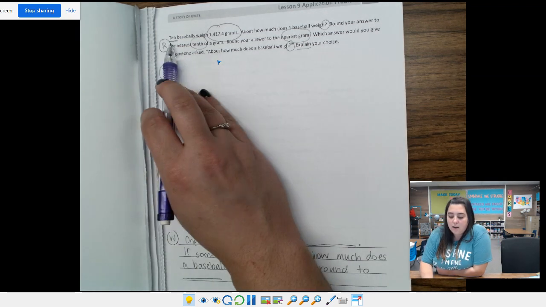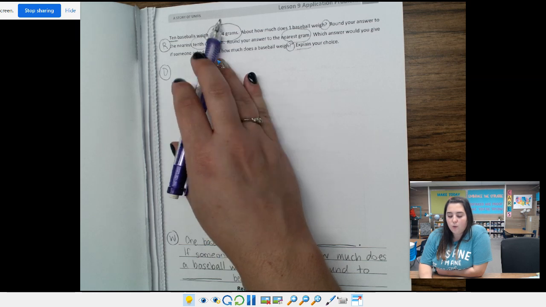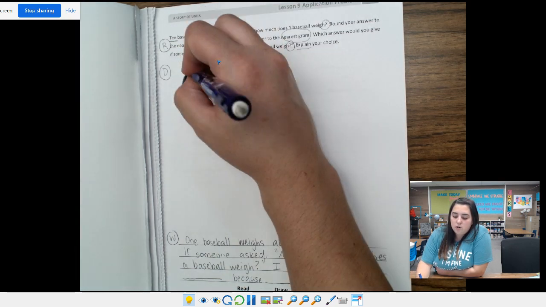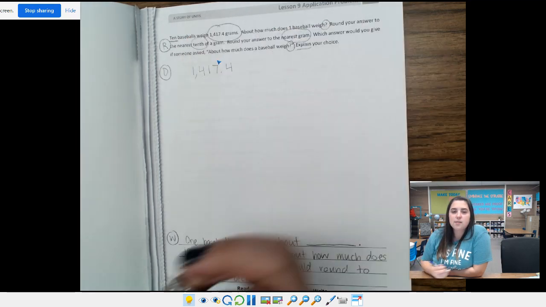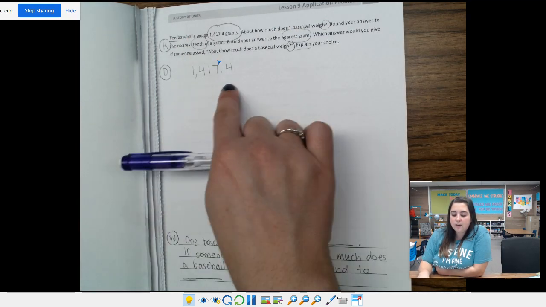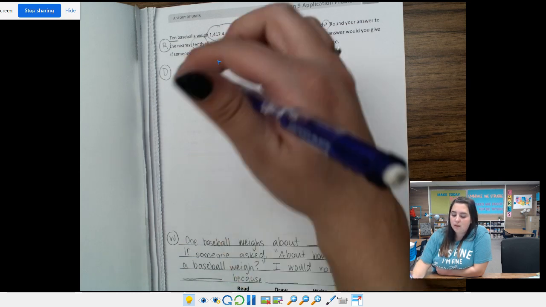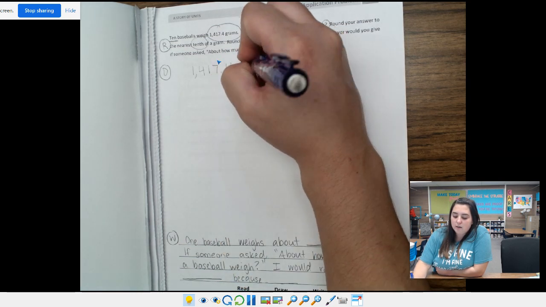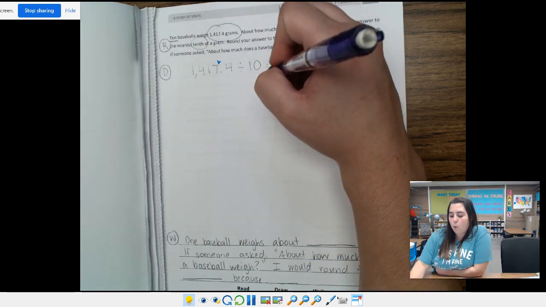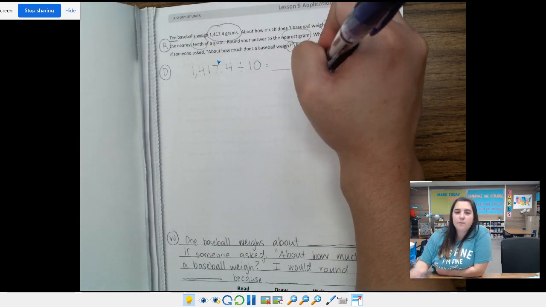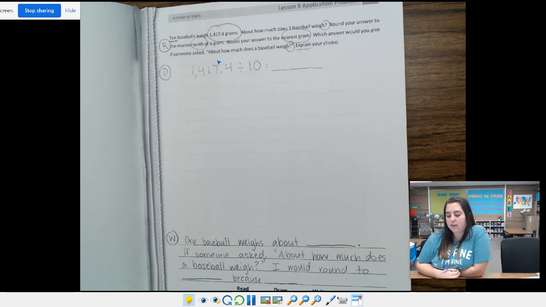That 10 baseballs together weigh this. So to figure out how much 1 weighs, I'm going to need to take the 10 baseballs, divide that by 10, and that will tell me how much 1 baseball weighs.